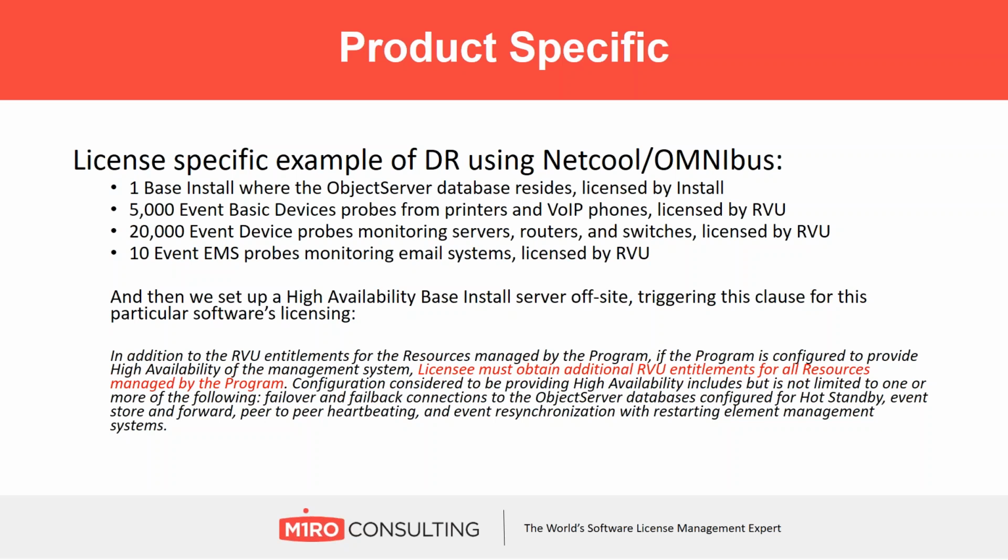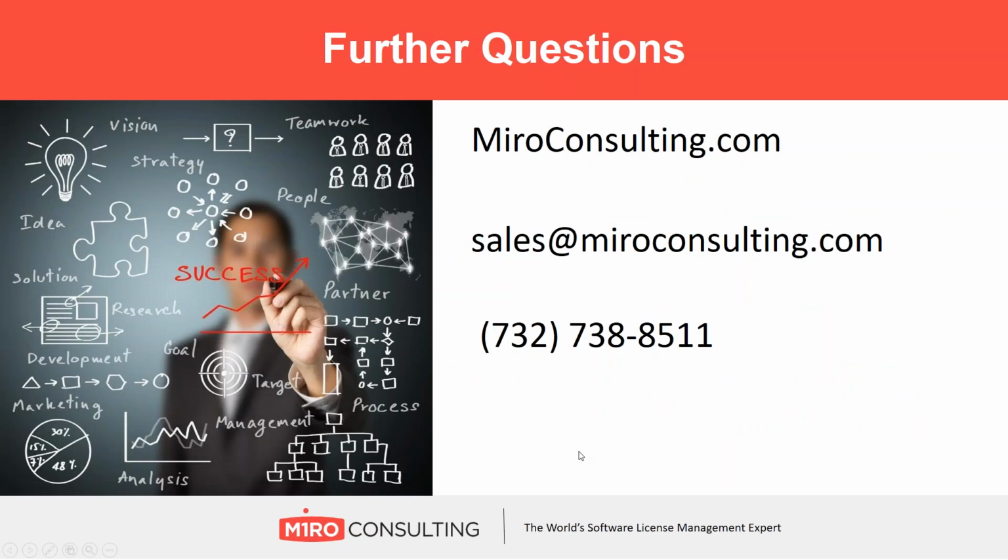And then that triggered, you must obtain additional RVU entitlements for all your resources managed by the program. So they needed another 5,000 basic devices, 20,000 probes for the servers, routers, and switches, and then another 10 for their email systems. It doubled everything just for having a second server monitoring them. So that was a terrible rule for them to trip over, but we sorted it out in the end.